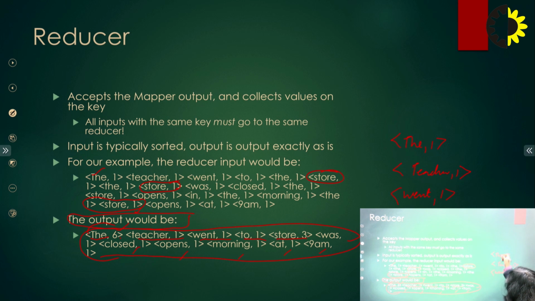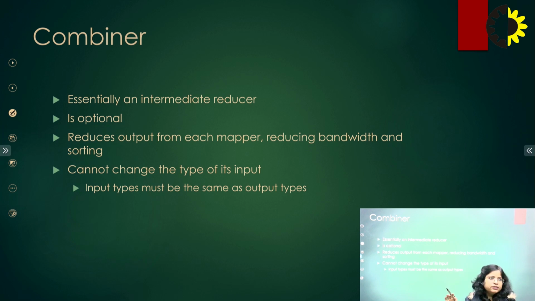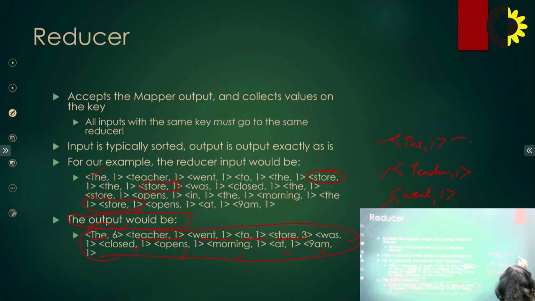So the output is in this form. This is the output produced by the first reducer, this is the second, this is the third. And the task of the combiner is to combine all the outputs produced by these reducers.